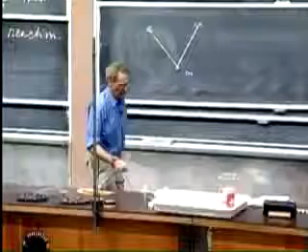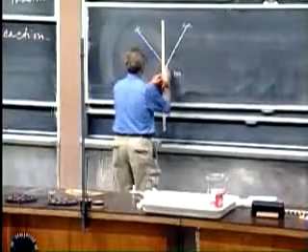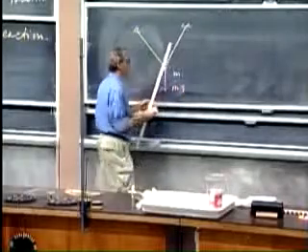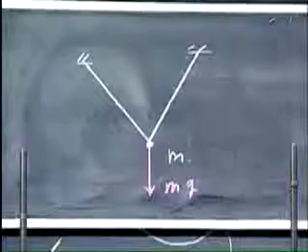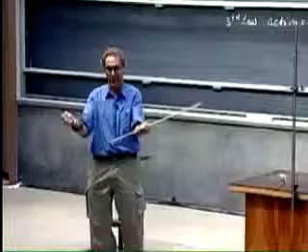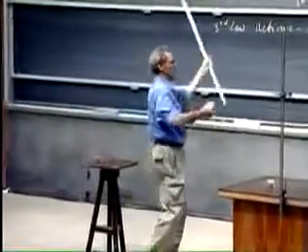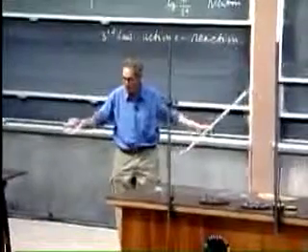Well, if there's an object M, for sure there will be a force mg, gravitational force. This object is hanging there, it's not being accelerated, so the net acceleration must be 0. And so one string must be pulling in this direction, and the other string must be pulling in this direction, so that the net force on the system is 0.